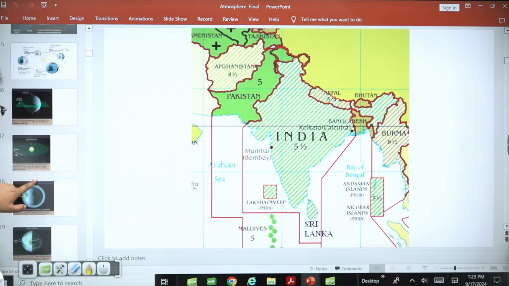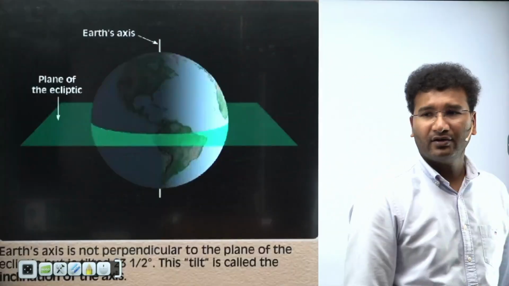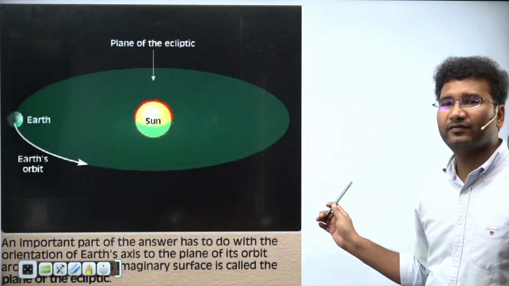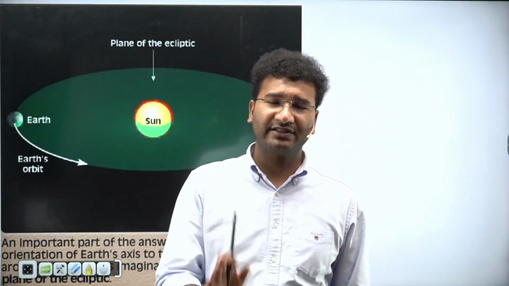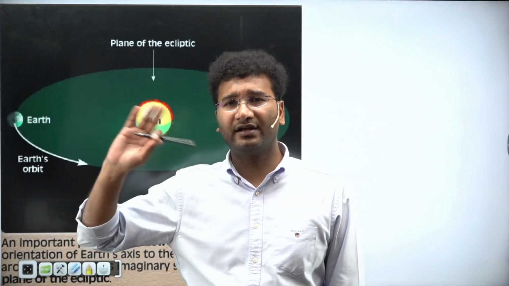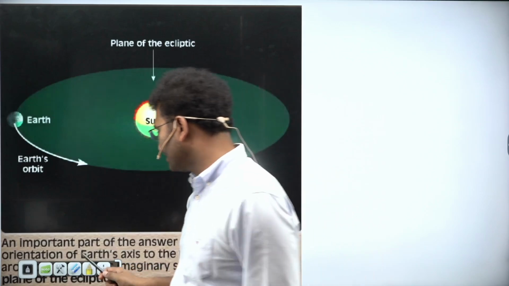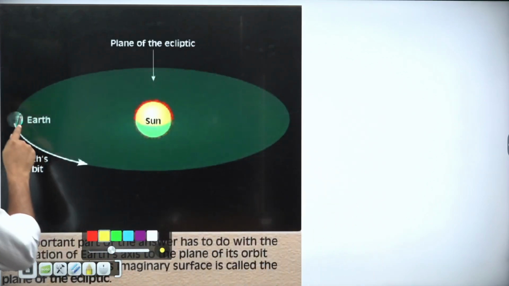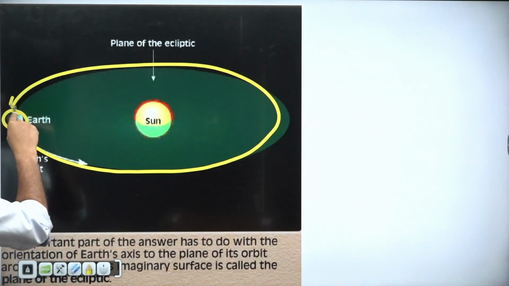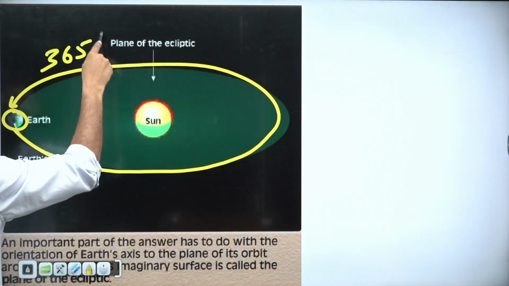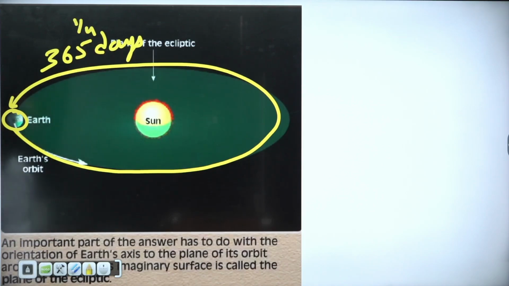See, you know that this is our earth. No matter what, the earth will always have 50% of its area covered with sunlight and 50% of the area in darkness. So this earth goes around, and it will take 365 days, or 365 plus 1/4 of a day.